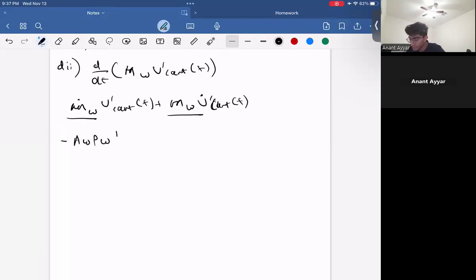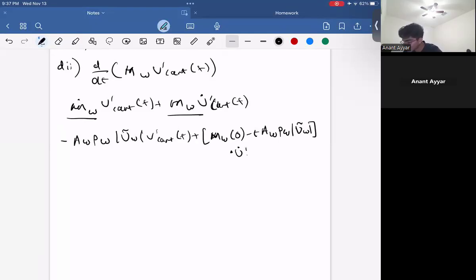This is basically just plugging and chugging from part A. Plus the mass of the water in the cart, times rho water, times the cart. Okay, so that's the equation for that. That's the second one done.